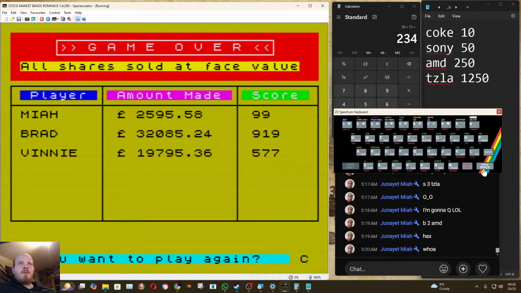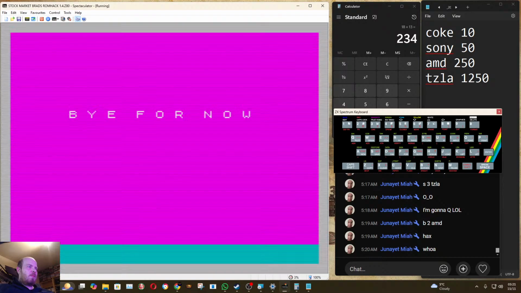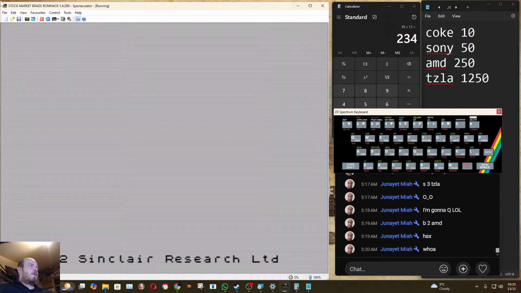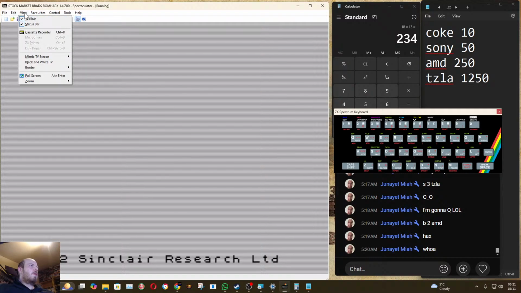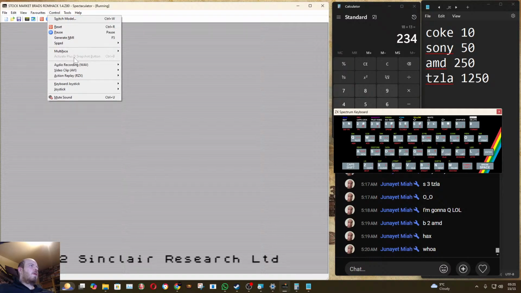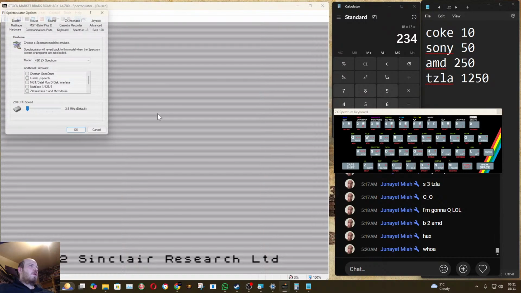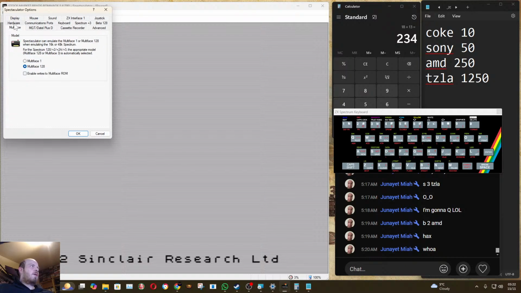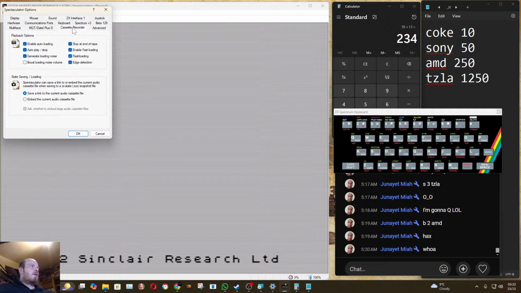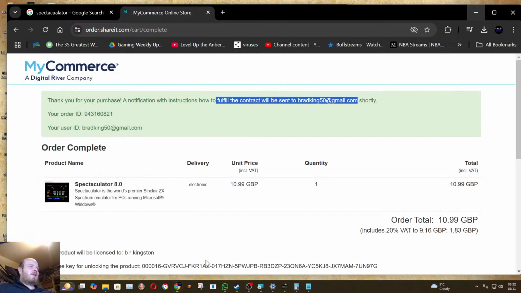And to do that, we do caps shift break. No? Symbol shift break.